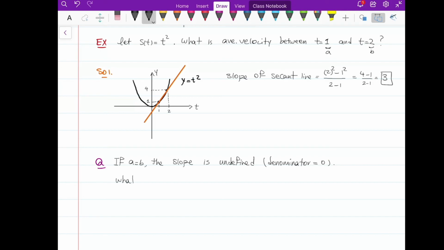Now, what is velocity at a single moment? What does velocity in a single moment mean? Okay, I'm gonna answer this question in the next video, in which we're gonna talk about the instantaneous velocity.